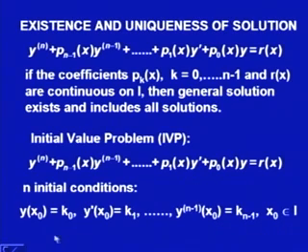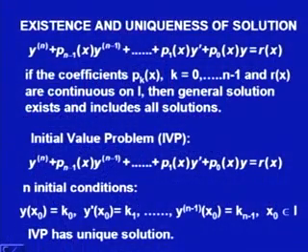So we are giving initial values of the function and its n-1 derivatives, that is first derivative, second derivative till the (n-1)th derivative, at some point x_0. If these initial conditions are given, then we can find from the general solution the values of the constants and that solution would be unique, that is the initial value problem has a unique solution.